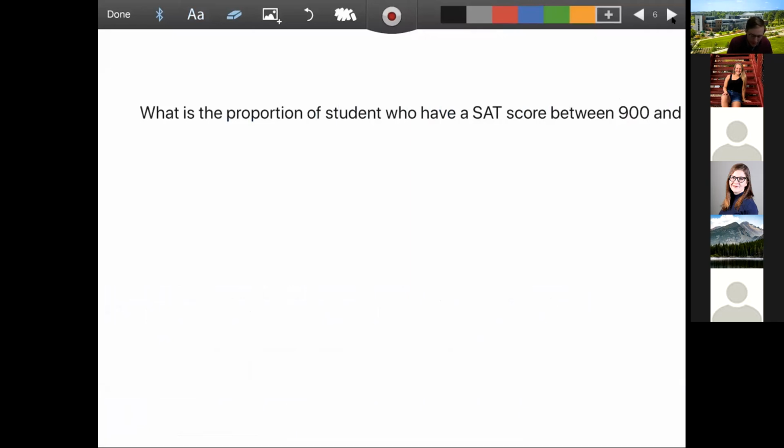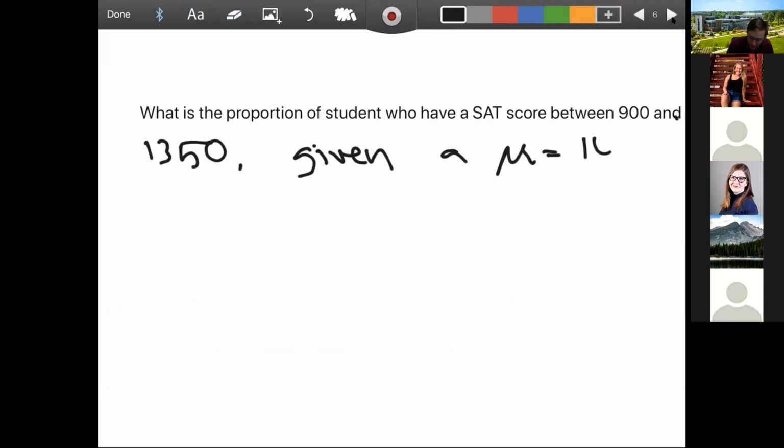Shit, that went away. All right, I'm just gonna write it by hand.